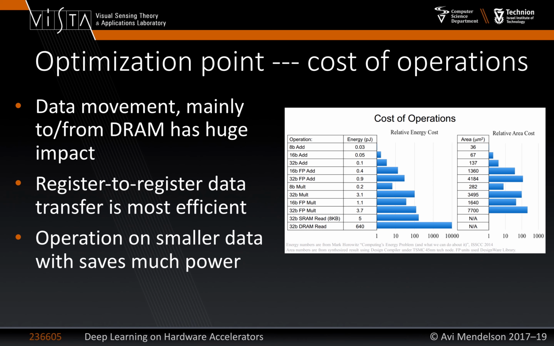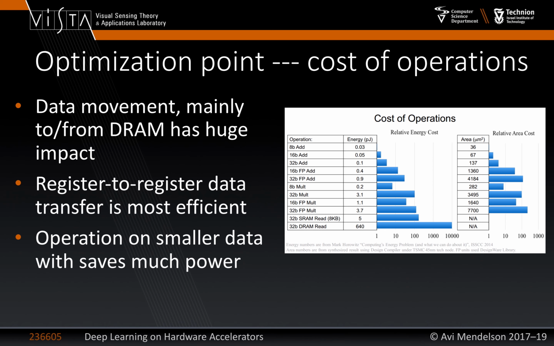For 32-bit floating point add, it is 0.9 picojoule. But on the other hand, to read 32 bytes, which is a small cache line, usually cache lines are much larger today, it costs me 640 picojoule.